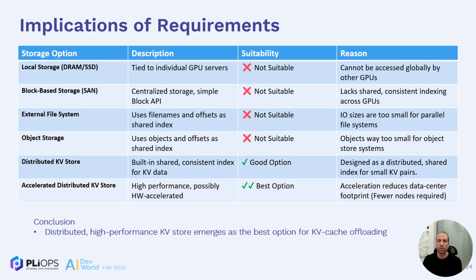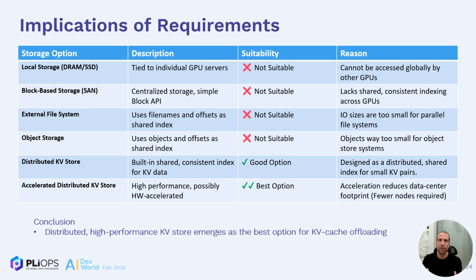However, if we want to take the efficiency requirement and make it much better, we believe that what we should do is take each node in this key value storage cluster and make it as fast as possible. Why? Because in this way we can reduce the overall footprint of the KV store significantly, so the cost and power can be driven down. We call this option accelerated distributed KV store, and that's the approach that we at Pliops are pursuing.